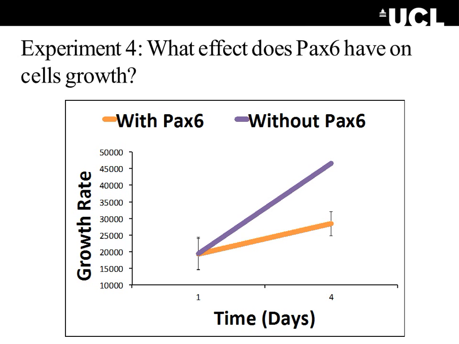Which is great, because now I've seen that I can reduce the Pax6 level in the cell, and I can see that there are differences between control healthy cells and cells that have reduced Pax6.